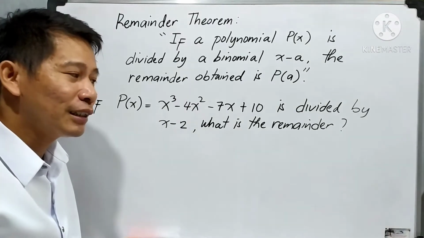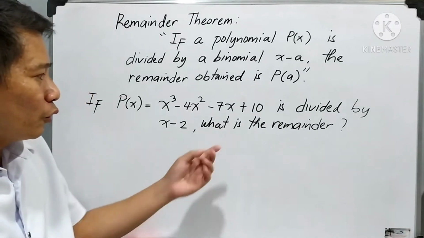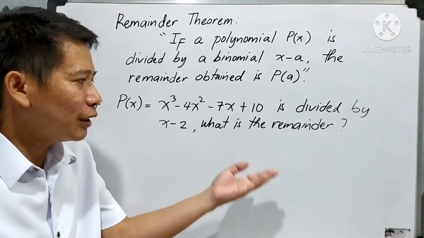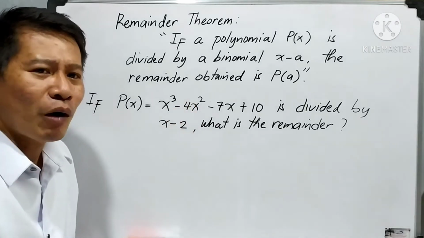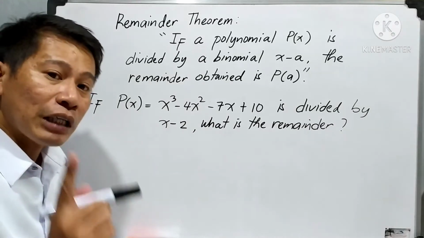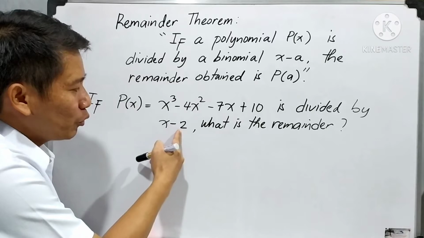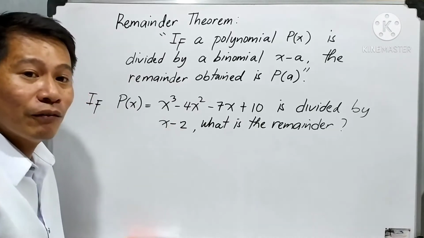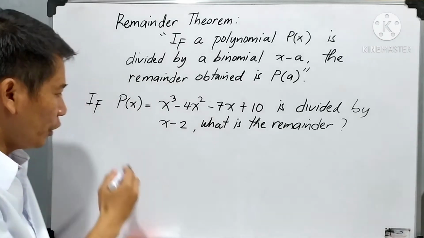The question is, what is the remainder? To determine the remainder, we can use this theorem. So how are we going to use that? First, you take the opposite of your constant divisor, negative 2. And what's the opposite of negative 2? That is positive 2. And that will be your a.